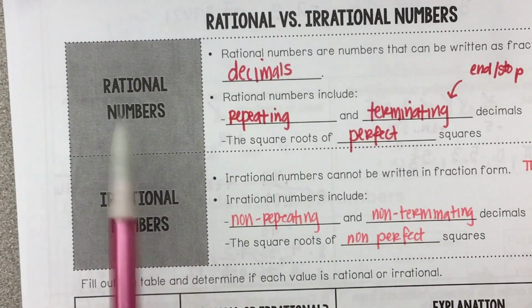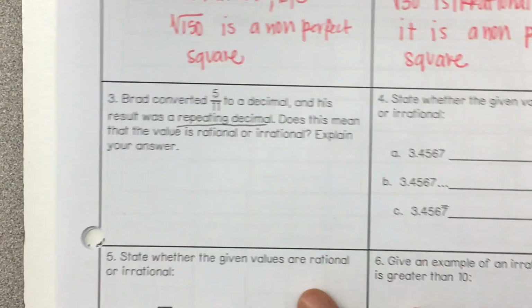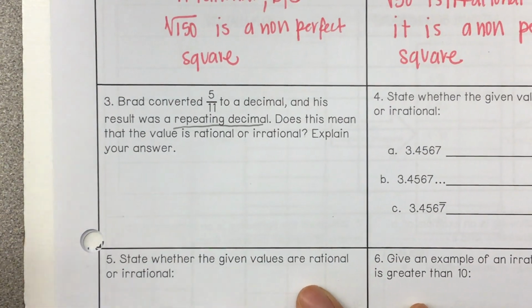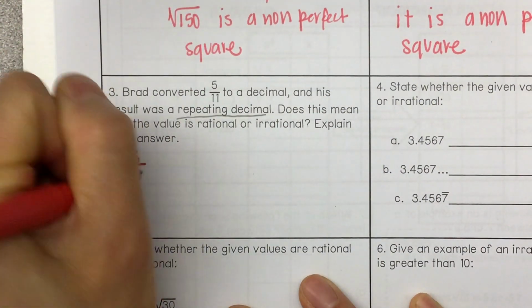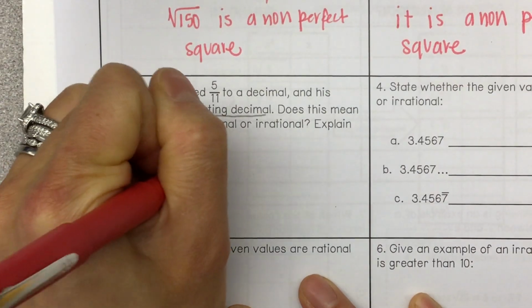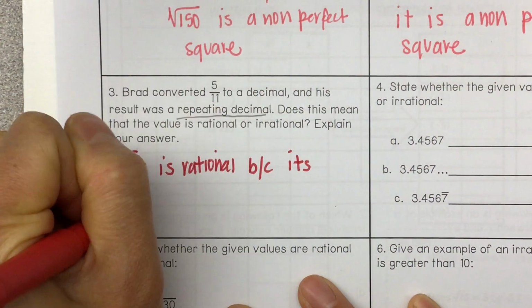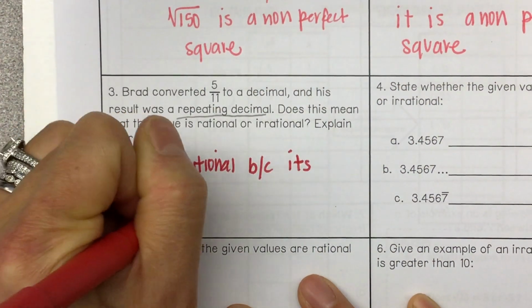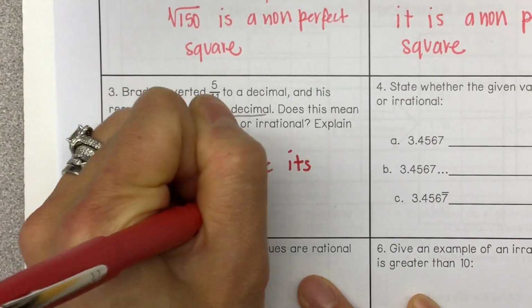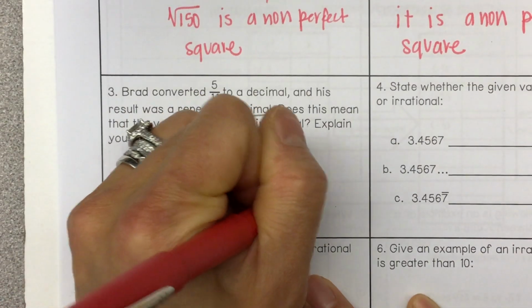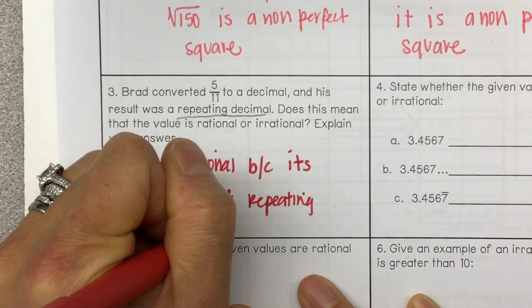So that means this is a rational number. So 5/11ths is rational because it's a fraction and repeating decimal.